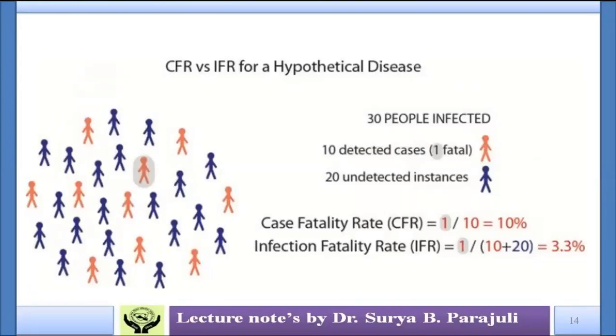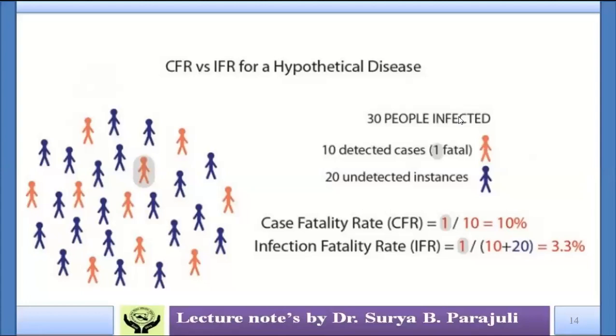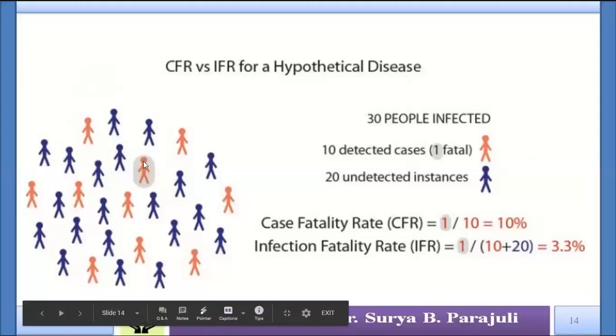There is another term, case fatality rate versus IFR, for one hypothetical disease. IFR means infection fatality rate. Actually, this is a new term. You can see 30 people infected, 10 detected cases, and 1 fatal, means died.